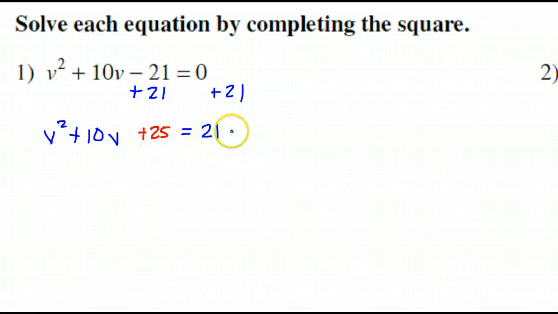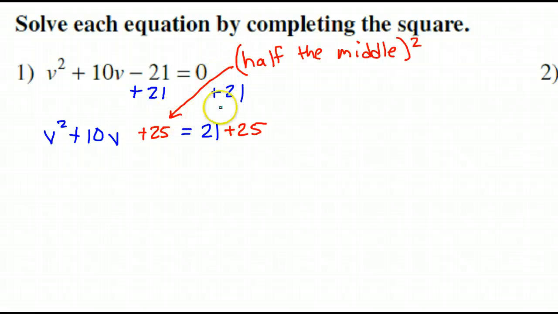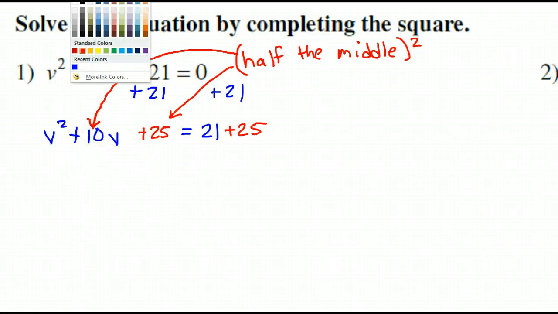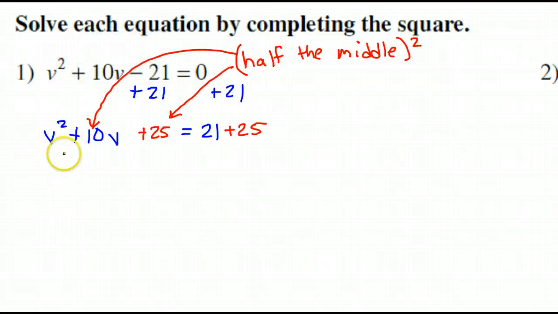If I add 25 on the left, then I must add 25 on the right to keep the balance of the equation. Okay? And I'm just going to put a little side note here that this number came from doing half of the middle squared. And of course this over here is the middle. Anyway, the point of doing that was what happens next.